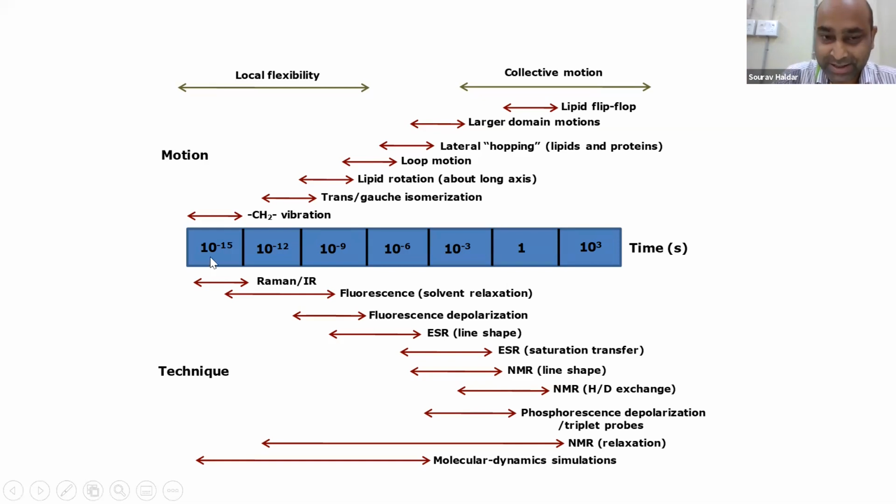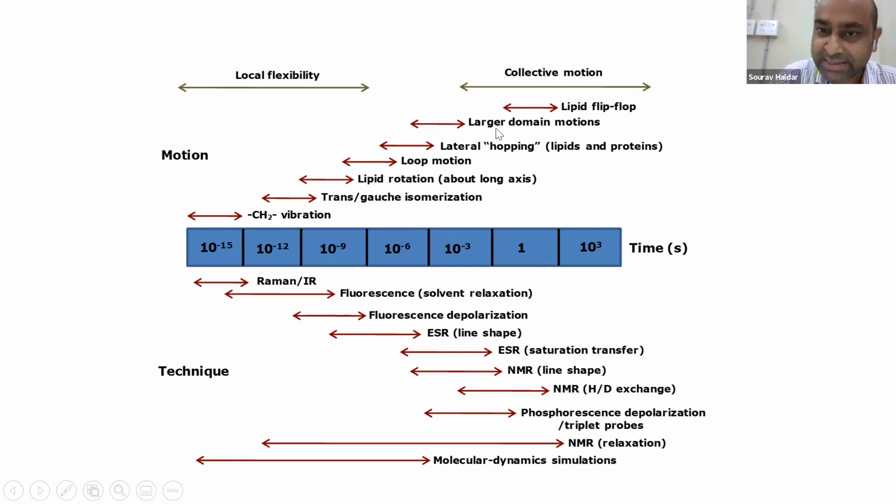So, for example, if you think of vibrational motion, that can be studied by Raman or IR spectroscopy. Similarly, if we are interested in trans-gauche isomerization, that will be reflected in fluorescence polarization and fluorescence solvent relaxation. Lipid rotation again can be studied very well by fluorescence depolarization or fluorescence anisotropy.